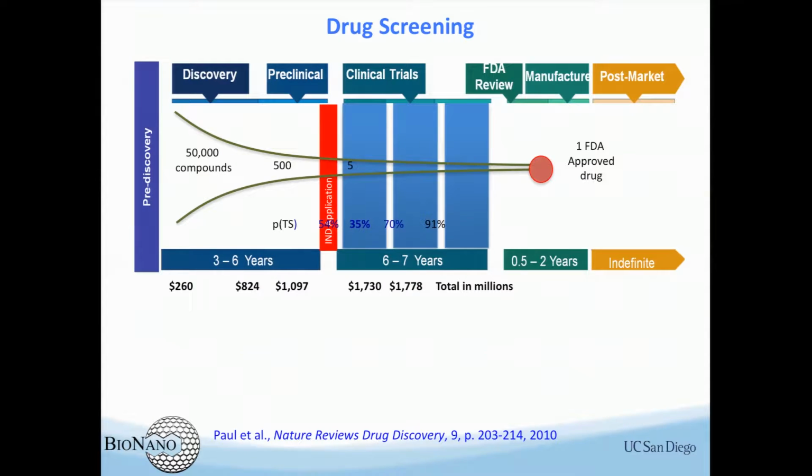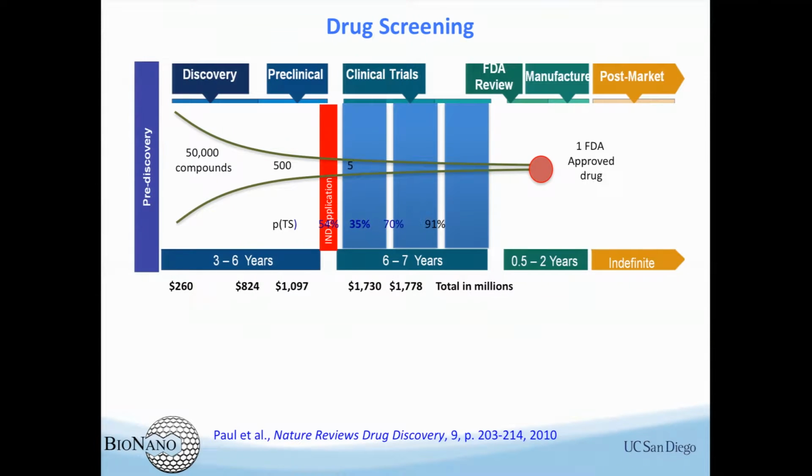This chart shows a typical process for drug development from discovery, preclinical trial, clinical trial, and then manufacturing, with a number of compounds here, and all the way down to the successful drug. On average, it takes 12 years and $1 billion to get one drug to use in a clinical case.